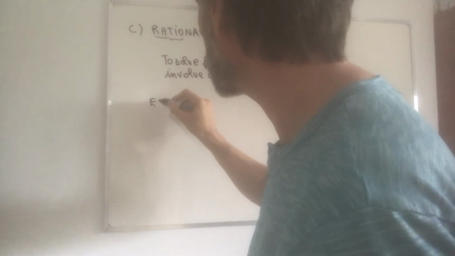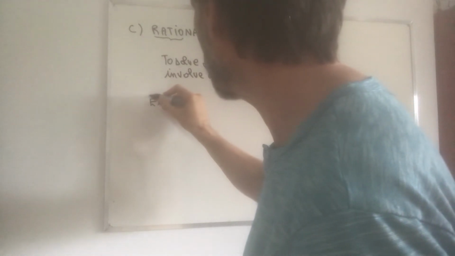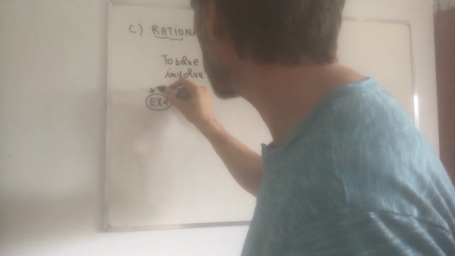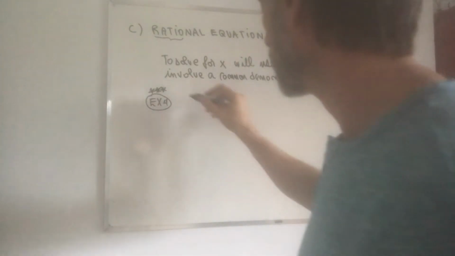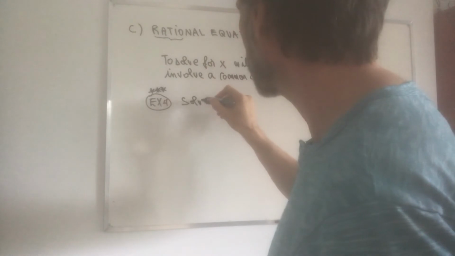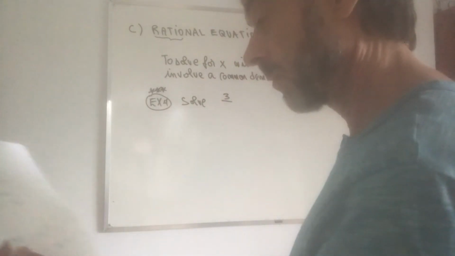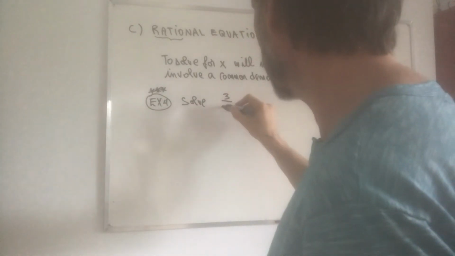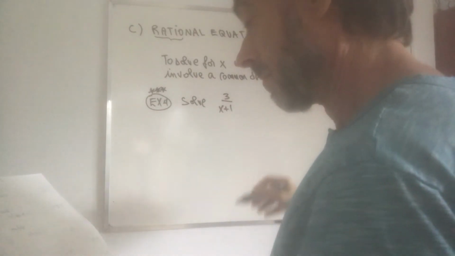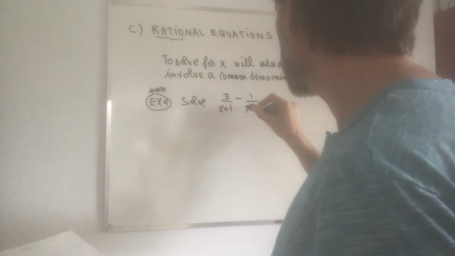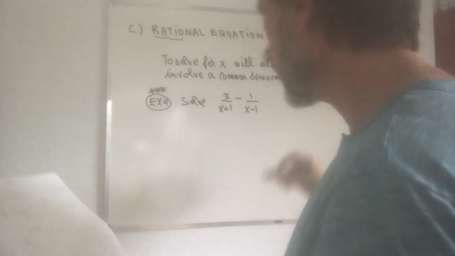Alors, this is now example 4, I believe. These are a little more challenging, so let's give them 3 stars. So solve the following one: 3 over x plus 1 minus 1 over x minus 1 equals 4.